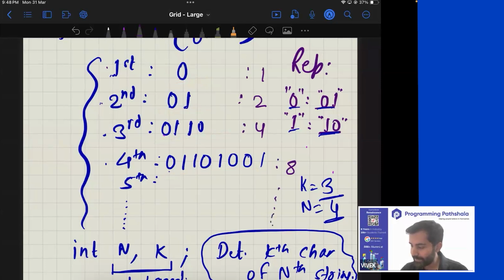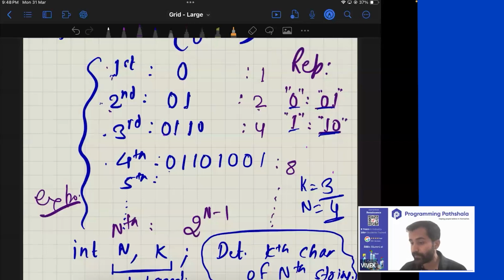Do you see it is rising exponentially? Power of 2, which is exponential, right? So what will be the size of the nth string? Can you just guess? Yeah, it will be 2 raised to the power of n minus 1. That's right, because 2 raised to power 1 minus 1 is 1, 2 raised to power 2 minus 1 is 2. So basically the size of the nth string is 2 power n minus 1.